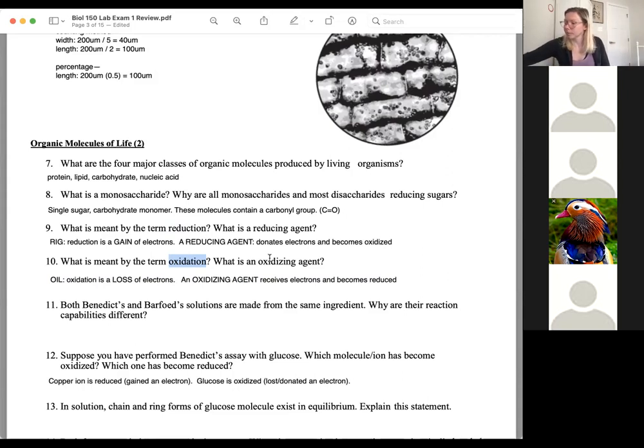I'm a bit confused about this. So oxidation and oxidizing agent are 2 different things? Yes, exactly. This is where the way that things are expressed, the way that they're written, is very, very important to pay attention to.